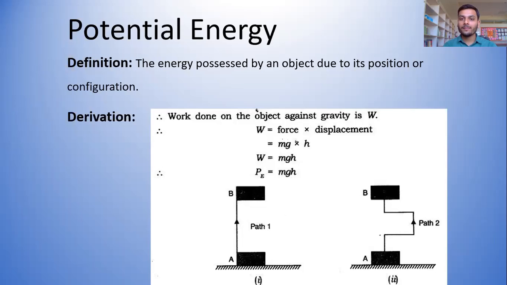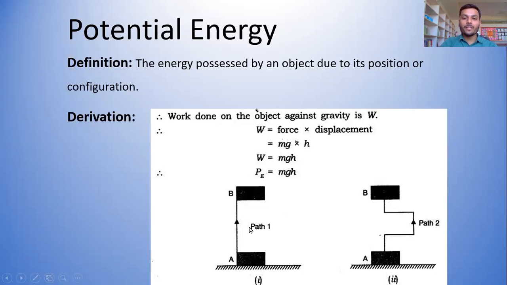But here, the force that we are going to consider is due to the gravitational force. For simple example, suppose if an object is placed at a certain height from the ground, so that object is subjected to the gravitational force of acceleration, and it is known with the weight of an object.